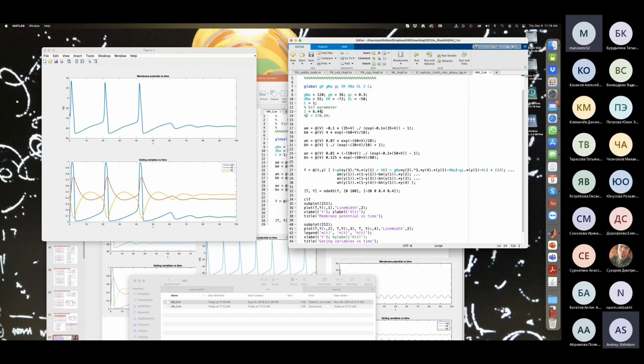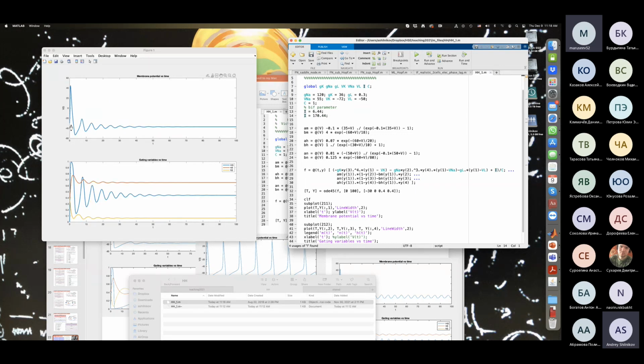When current is 6 around this, we say that the steady state or rest potential is hyperpolarized, it's around negative 60. Whereas when the drive is strong enough, then it's above negative 40. This is called depolarized state.